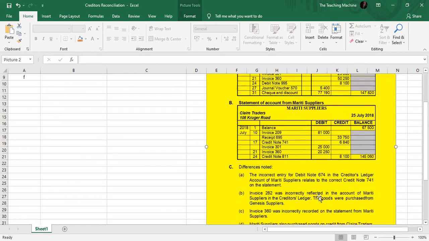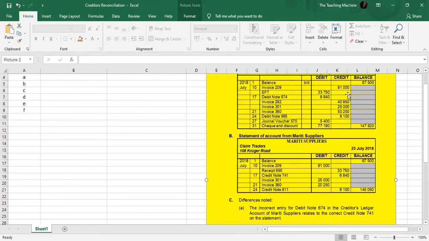Now let's look at information A. It says the incorrect entry for debit note in the creditor's ledger account of Marigi suppliers relates to the correct credit note 741 on the statement. So this credit note of 741 is correct as per the statement, but incorrect as per the ledger. So an error was made on the ledger.